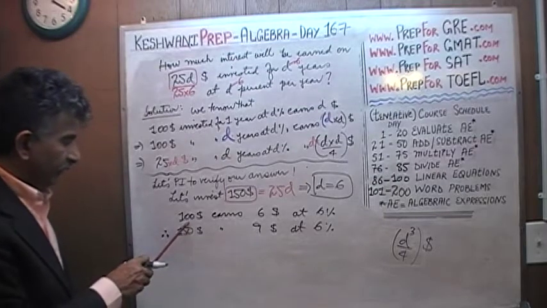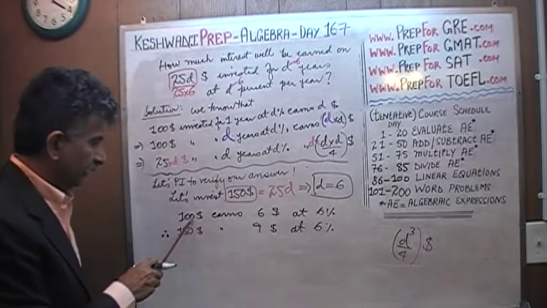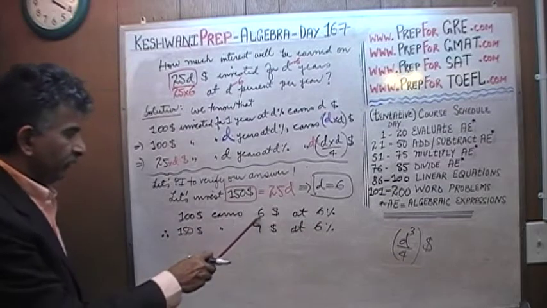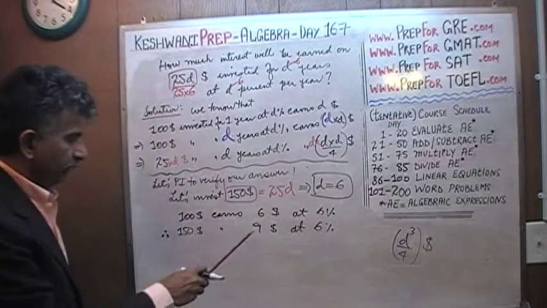So if 6% of 100 is 6, then 6% of 150 should be 9.